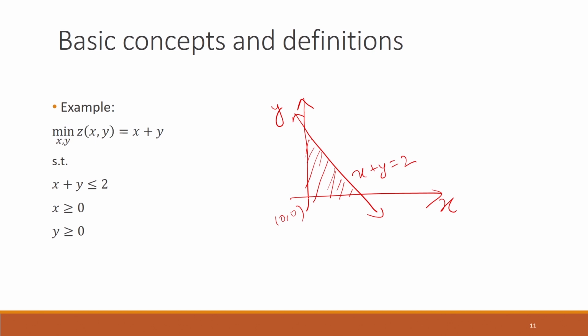This triangle denotes the feasible region. So, this is the set capital X, and any solution that lies in this triangle is a feasible solution. Now, since we are interested in minimizing x plus y here, the optimal solution will be at the origin here, 0 comma 0, because we will be getting the value of 0 plus 0 here.